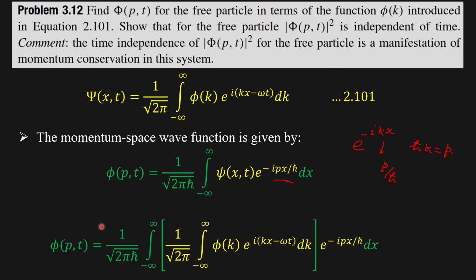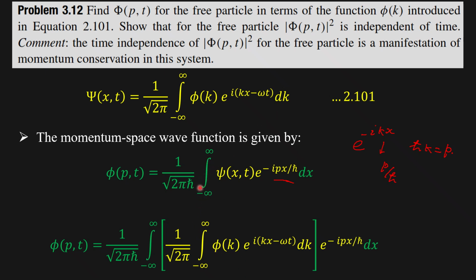Now what is ψ(x,t)? You see this yellow color band. I have replaced ψ(x,t), the term in the yellow color band, by 1 over square root of 2π, the integral from minus infinity to plus infinity of φ(k) e^{i(kx − ωt)} dk. Here the integration is with respect to k.